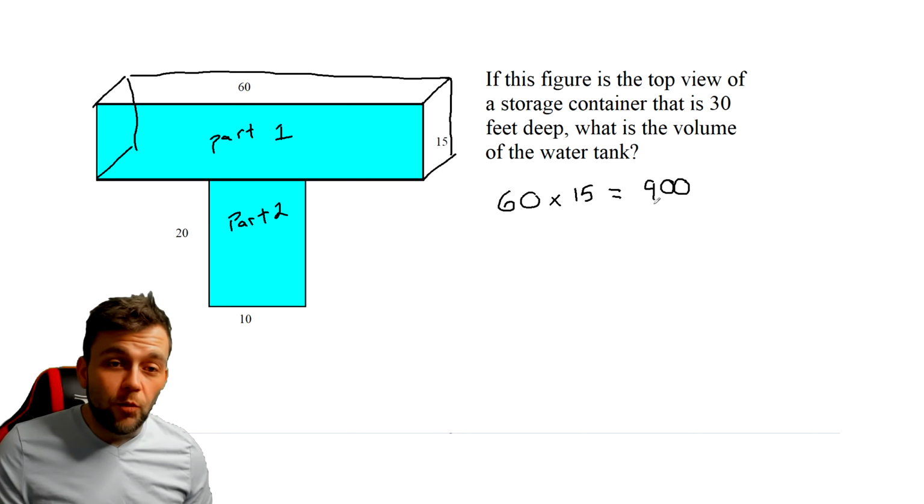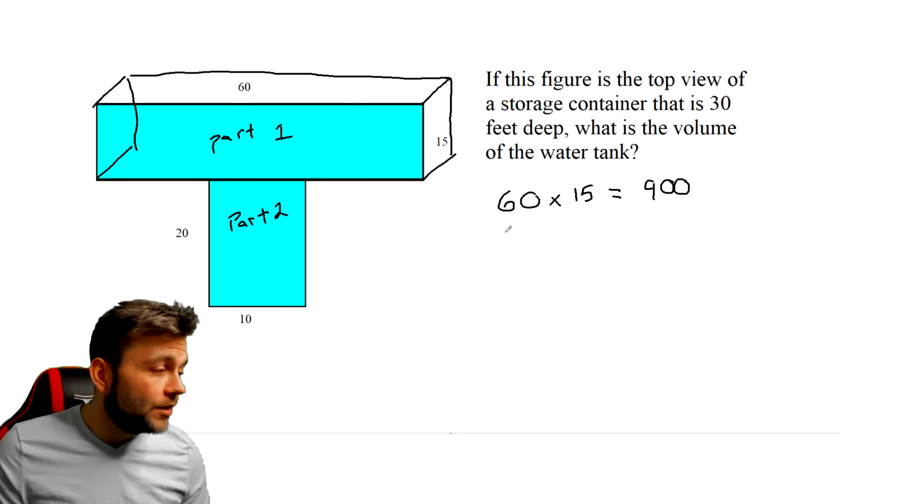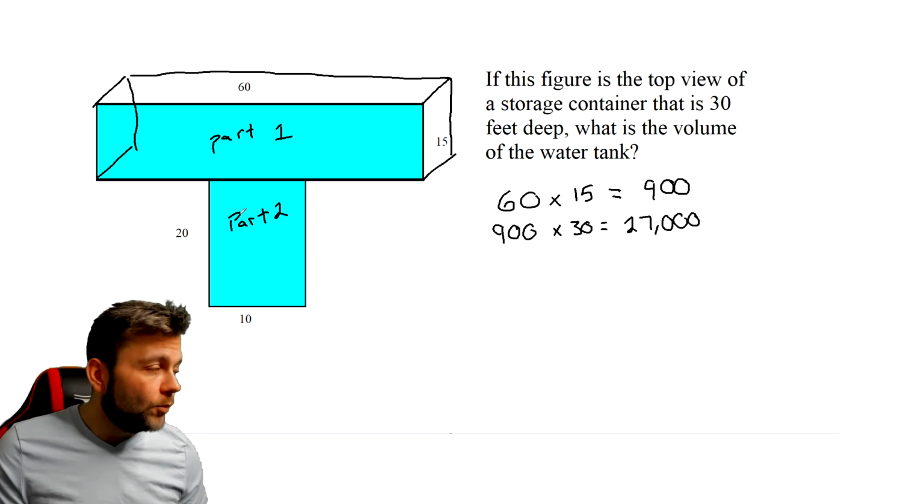And then you want to multiply the 900 times 30. So 900 times 30 equals 27,000.